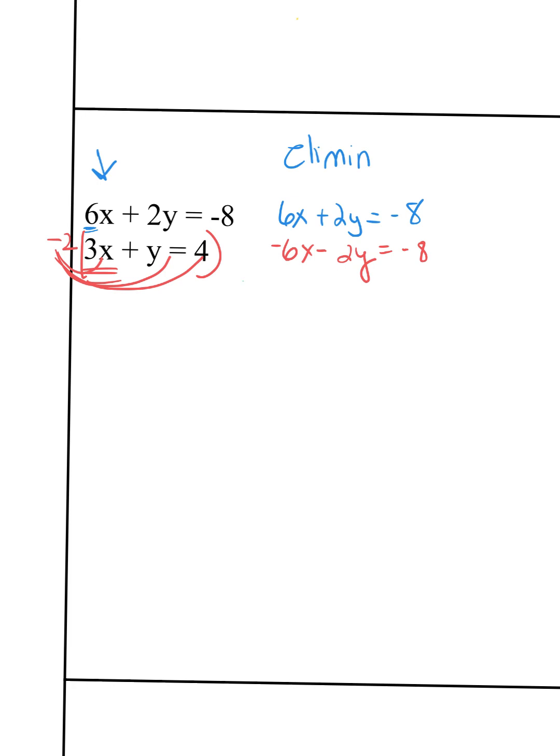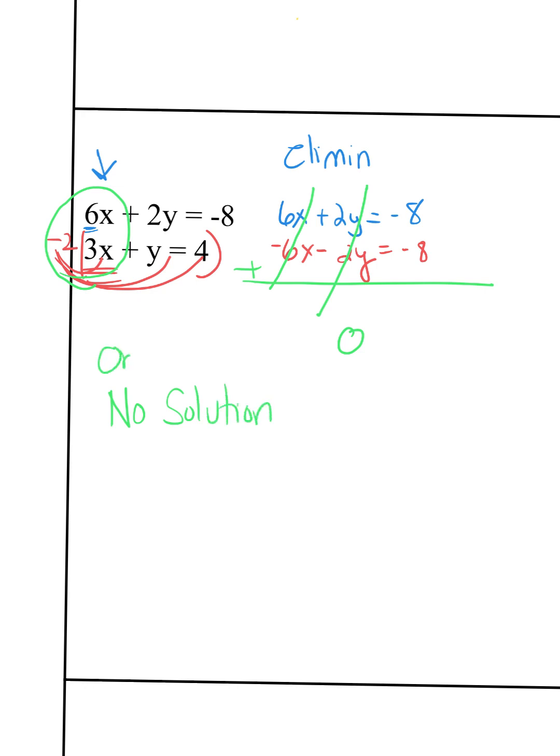And so now I'm going to add these together. If I've done this correctly, I will eliminate the x variable because that's what I tried to eliminate by creating opposites. But something happens in this problem where I also eliminate the y variable. As soon as that happens, I now know that of my 3 types of problems, where I have one solution, no solution, or infinitely many solutions, it cannot be one solution because both my x and my y canceled out.